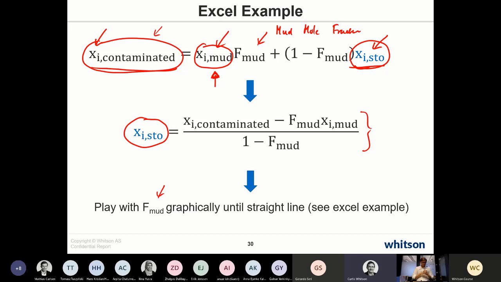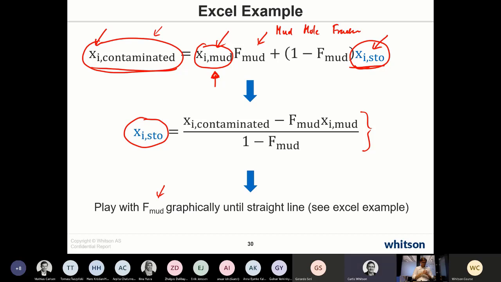So you back out, assuming some F mud, a reservoir composition, okay? And that reservoir composition is fit to the gamma model for each sample.